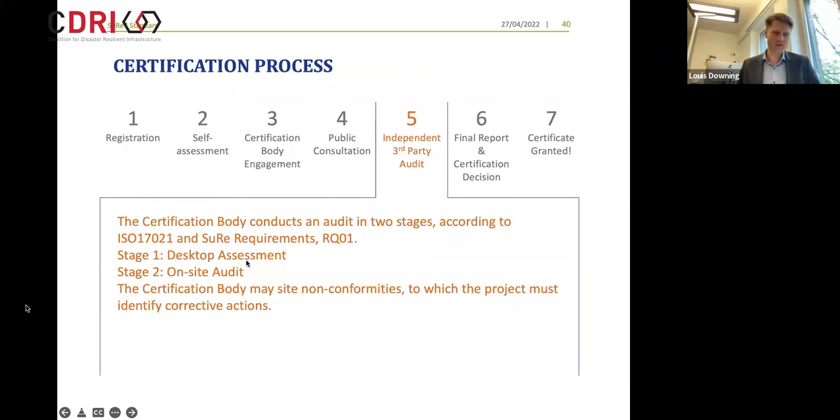And that includes a desktop assessment and then an on-site audit. Then there are some iteration loops where the certification body may find some non-conformities to which the project needs to identify corrective actions. Those corrective actions are either significant or less significant, and they should have a time-bound period in which they need to be implemented.